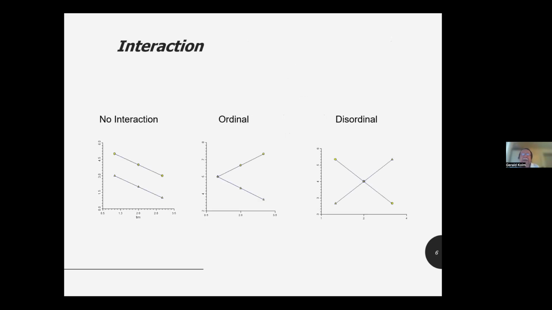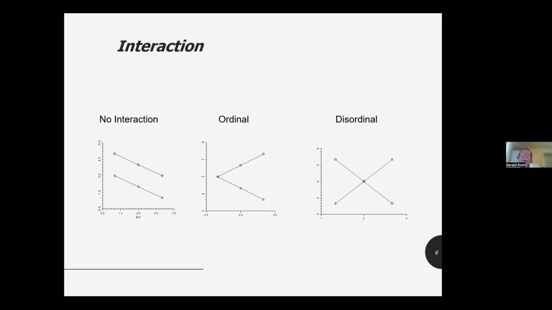And I have just a slide here of examples. So if you have no interaction, what you're going to see if you have comparison groups and over time or some other variable like age maybe, is that the lines will be essentially parallel.